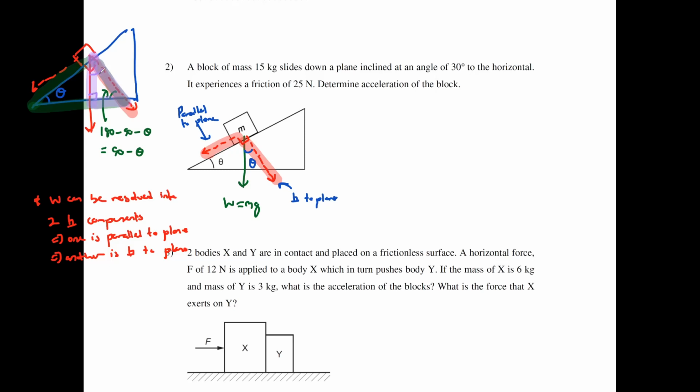If you're interested in finding out what is here, you need to take this angle plus this angle, subtract it from 180. What I mean by this is that this one will be 180 minus 90 minus (90 minus theta). Eventually you will get just theta. This is just going to be equal to theta. That's why here we say it's going to be theta.